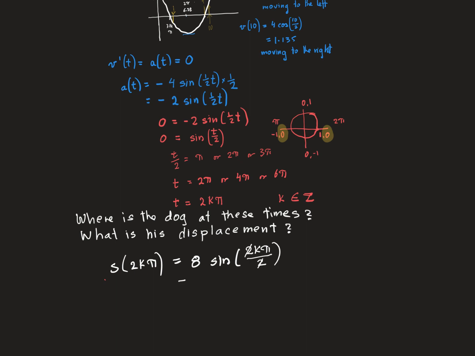So we have 8 sine k pi. And whenever it is any multiple of pi, such as pi, 2 pi, 3 pi, we know that the sine will be 0.